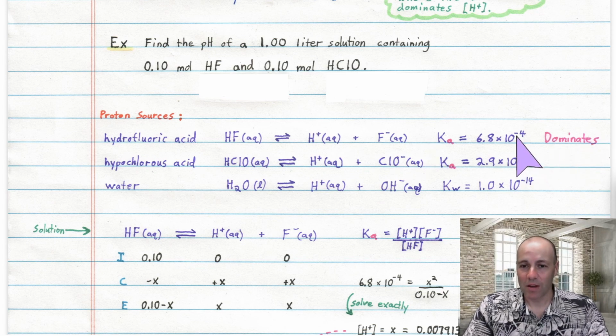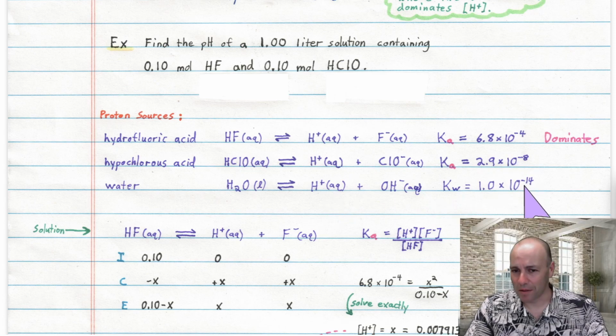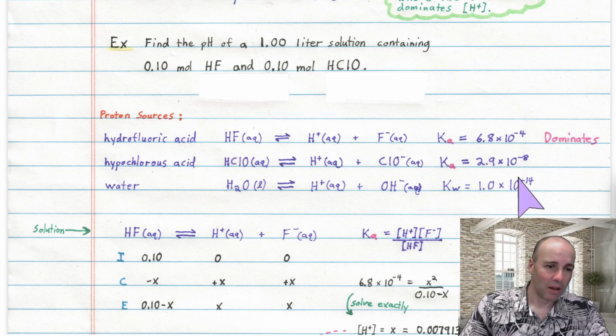A good rule of thumb is that if the equilibrium constant for the next acid in line is at least 3 orders of magnitude, 1,000 times smaller, then you can ignore it. And this one's 4 orders of magnitude, so you can definitely ignore this. And water's is another 6 orders of magnitude, so that can definitely be ignored.